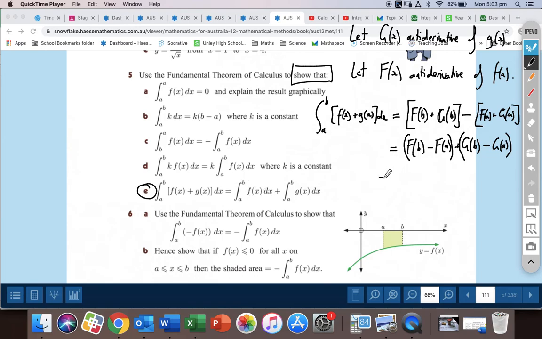So this is, according to the fundamental theorem of calculus, the integral of f of x plus the integral of g of x. And booyah, that's all you need to do for that one. Okay? All right, we'll stop the recording there.